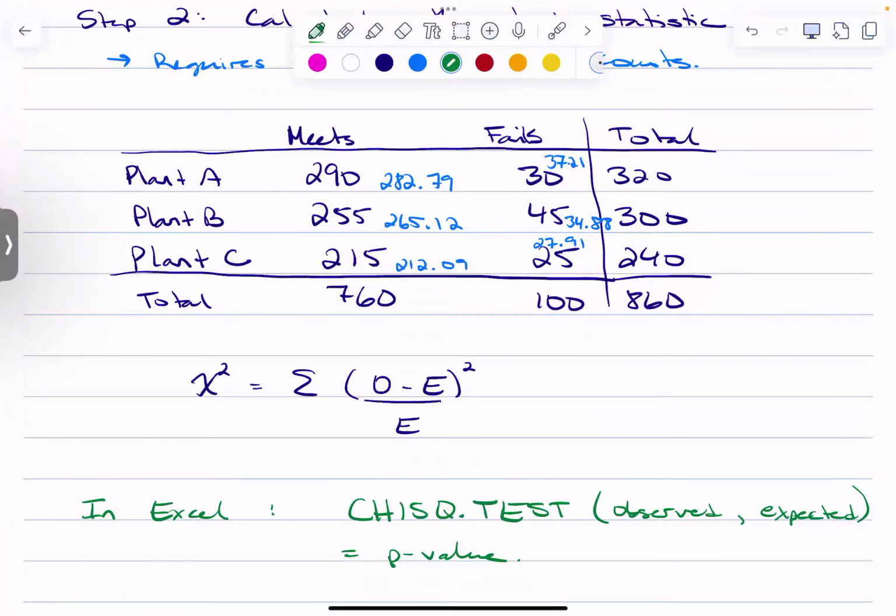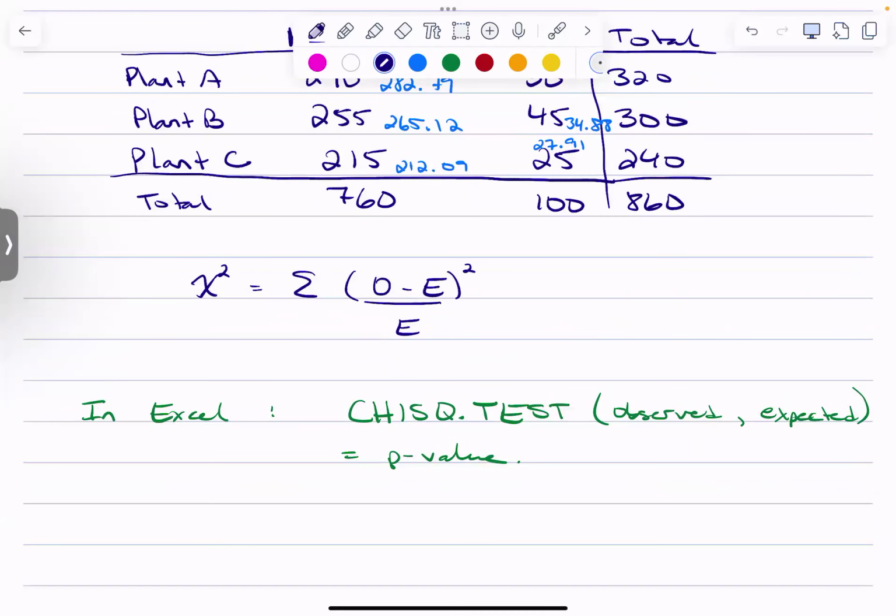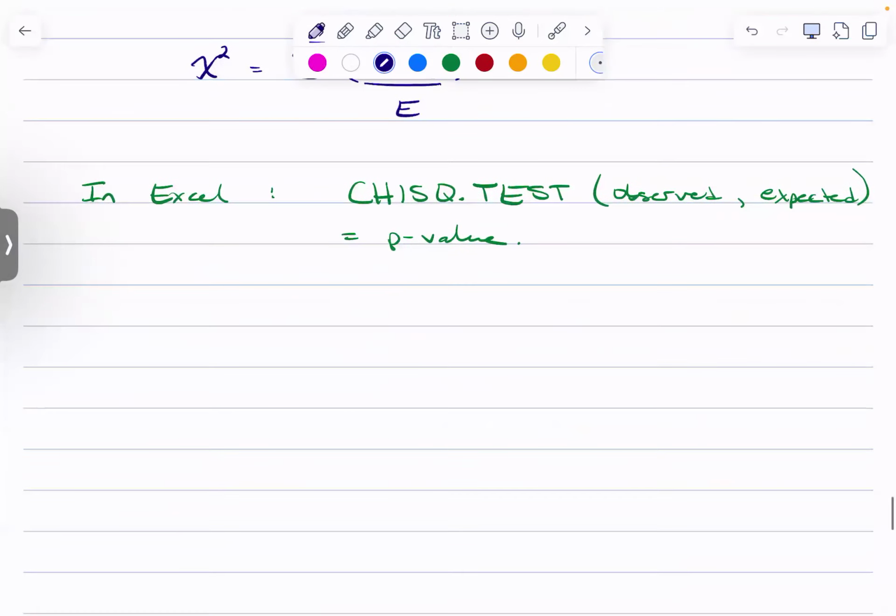So, a conclusion. How about I'll use Excel, I'll do the calculation for the chi-squared and the p-value, but let's say for practice, pretend the p-value is 0.0795, and just draft a conclusion based off of that.